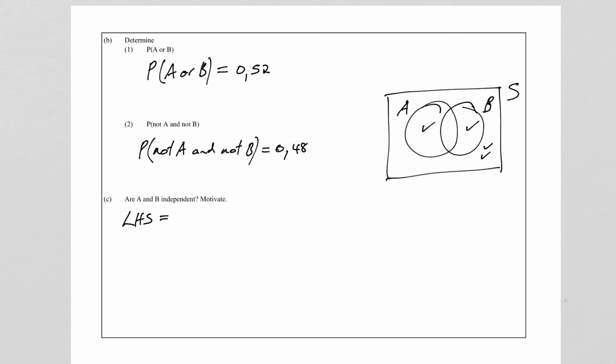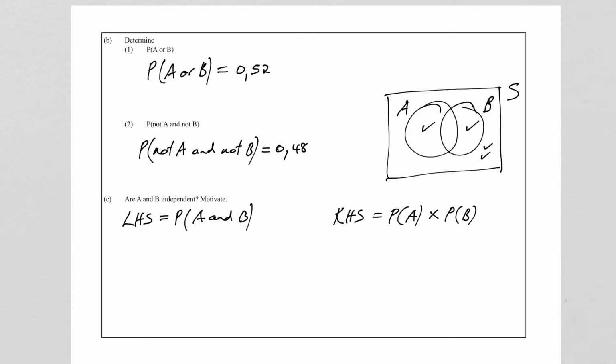That rule says that the probability of A and B, that is the left-hand side, and the right-hand side of that rule says the probability of A times the probability of B. So we need to see if this rule is true, because they want us to determine if the two events are independent or not. So we can't say this is equal to that, because then by implication we are saying they are independent.